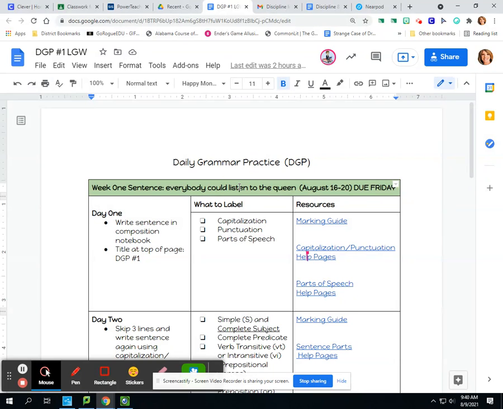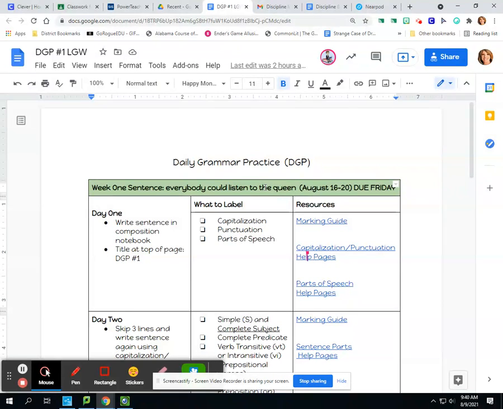Listen is your action verb. That's what everybody is doing. Listen. Action verb, the code is AV. To is going to be your preposition. Label it by adding a PREP above the word. The is your article.